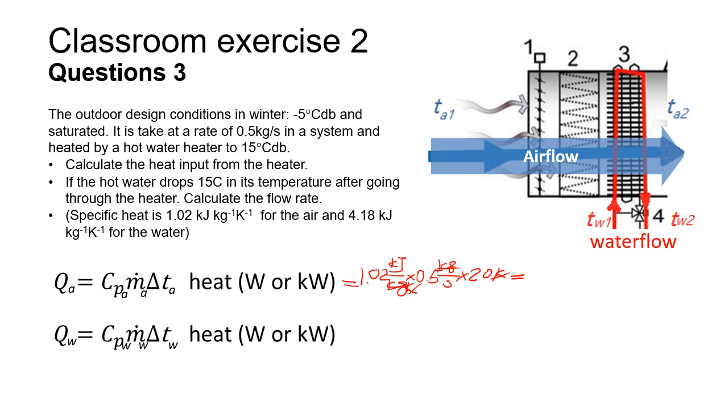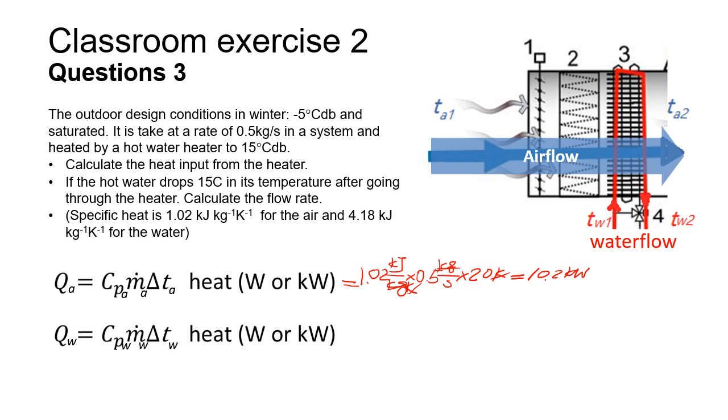It's 1.02 multiplied by 0.5 multiplied by 20. So 20 times 0.5 will be 10. So therefore it's very easy to calculate. It's 10.2 kilowatt. Is that right? 0.2, yes. So it's 10.2 kilowatt heat gained by the air.